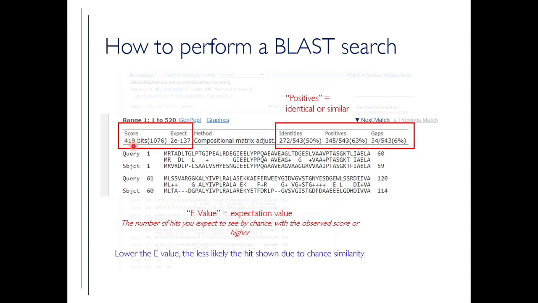So the lower the e-value, the more likely it is that this is a real hit and not just something that has come out of the database search by chance because the database is so huge. So we're looking for a low e-value here. The lower the e-value, the better.